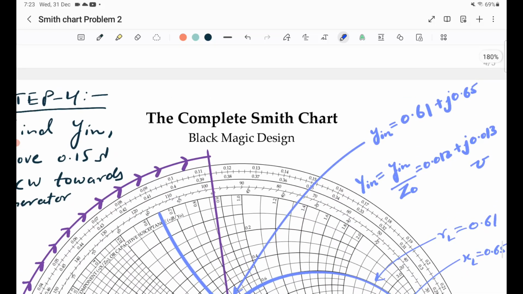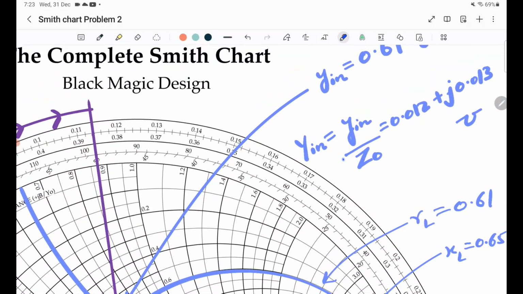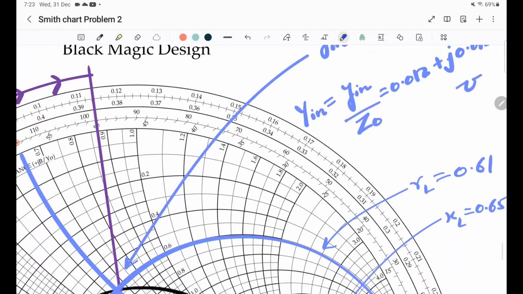Therefore the value of YIN becomes 0.61 plus j0.65 Siemens. You can denormalize it by dividing by the characteristic impedance Z0, and you will find that its value comes out to be 0.012 plus j0.013 Siemens or mho.